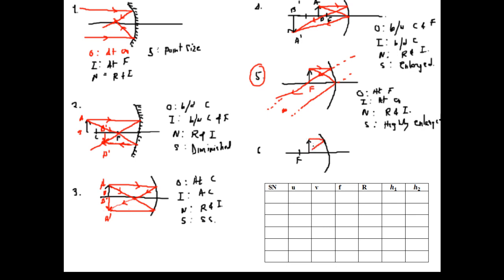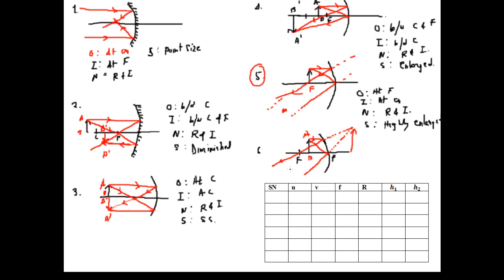Between F and P. Image behind P or behind the mirror, and nature virtual and erect, size enlarged or magnified. Fine. So these are the 6 ray diagrams for the concave mirror.